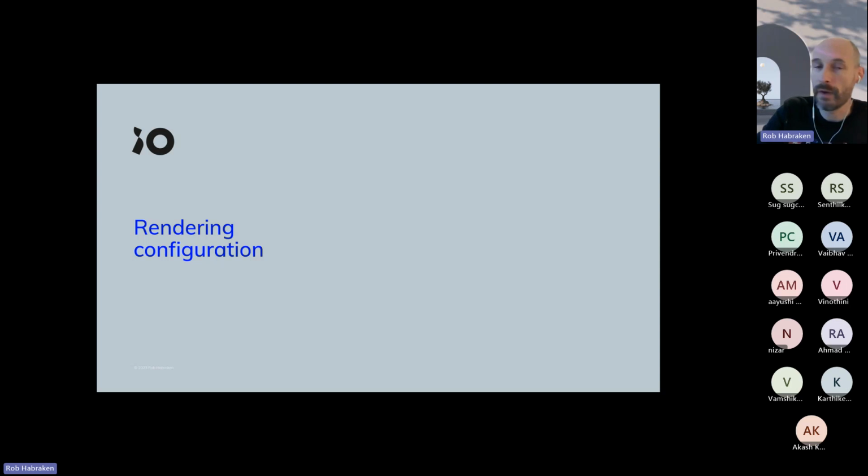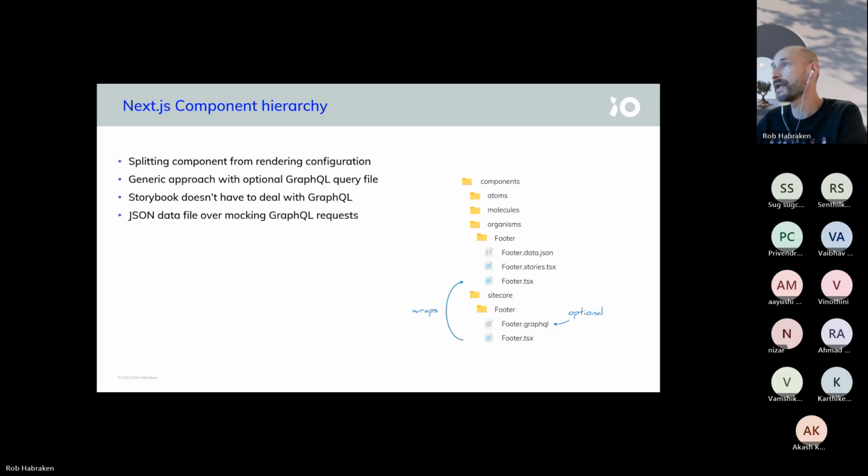So onto a rendering configuration. I'm using Next.js, as I said, and I have a component hierarchy. And that's because we're also using Storybook and the atomic design principle. That's our own choice. So we have atoms, molecules, and organisms. But I want to be able to display our components and let our front-end developers work separately from Sitecore as well.